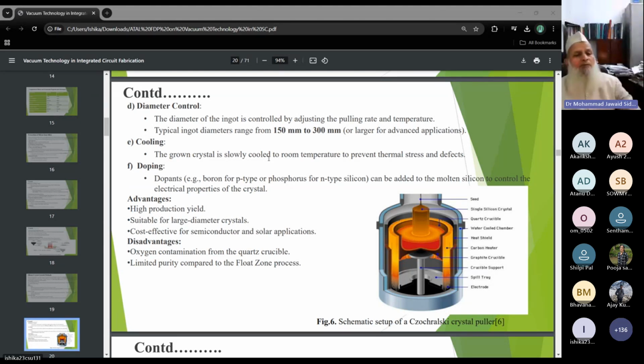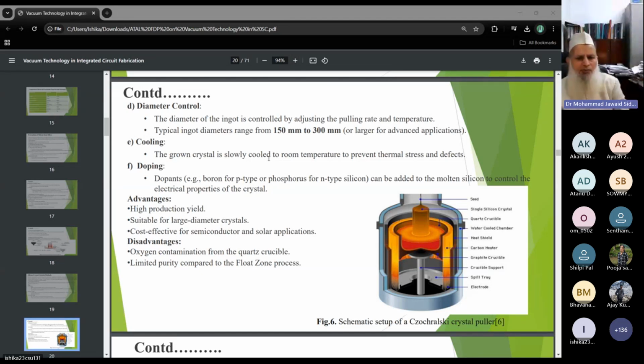Sometimes we need wafers which are N type doped and some P type doped, or sometimes intrinsic wafers are needed. Depending upon the need, we do it. If we need the N type wafer, then phosphorus may be added. If we need the P type, then boron may be added.